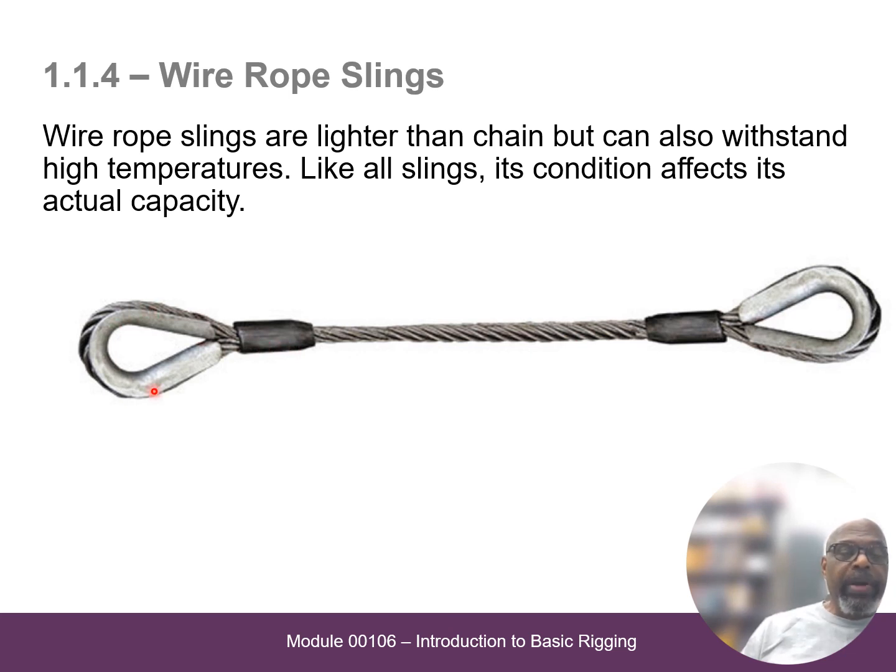And it goes around a thimble to help hold it together and form it. Matter of fact, this thimble is also used to keep from damaging the cable itself, because now it's a protector shield around that cable.